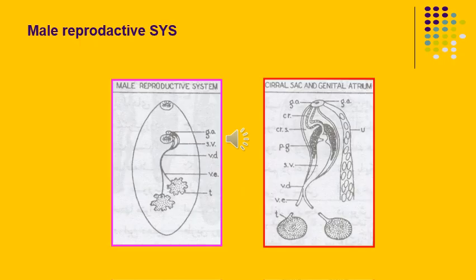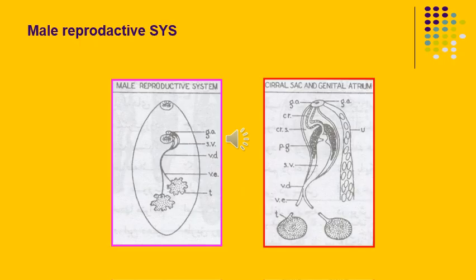After that, they continue to the cirrus, which is located in the cirrus sac, and the cirrus sac is located in the genital pore or genital atrium. In the right picture, you can see a greater magnification of the male reproductive system.